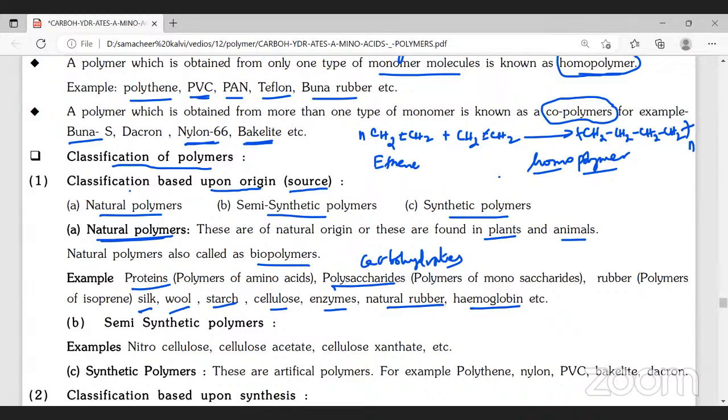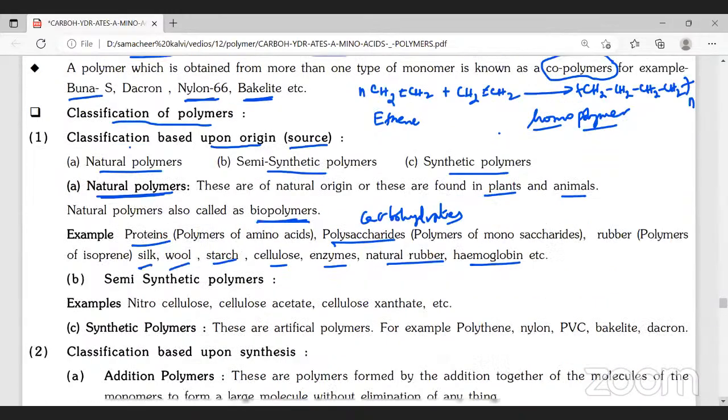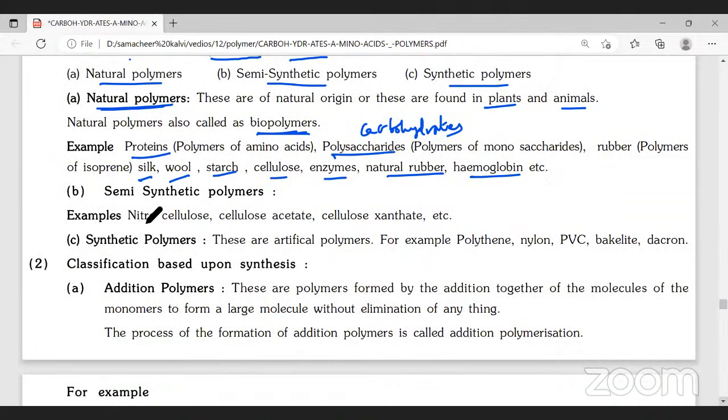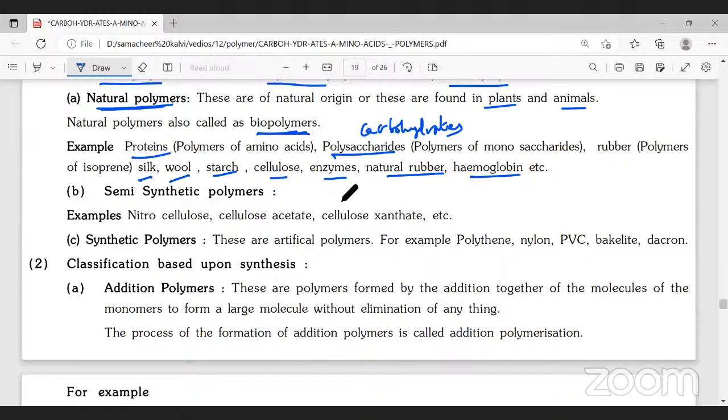Now, semi-synthetic polymers. Semi stands for modification, partial. When we say chemically modified natural polymer, it is called a semi-synthetic polymer. Now, cellulose is a natural polymer.